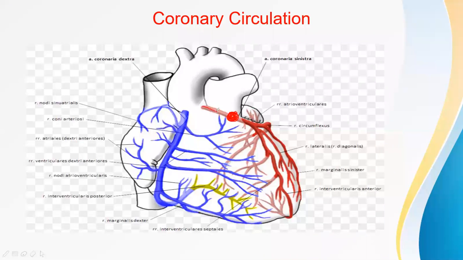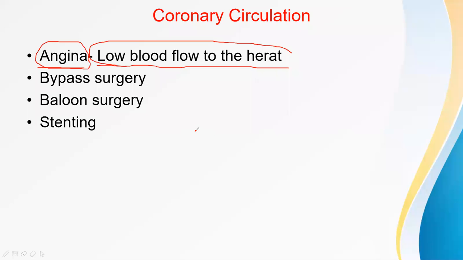So the blood cannot go to the other part of the heart. This can cause low blood supply to the heart, so the heart muscles cannot pump the blood properly, which means heart muscles cannot work properly. So this can lead to a heart attack, and for this heart attack we use the word angina.